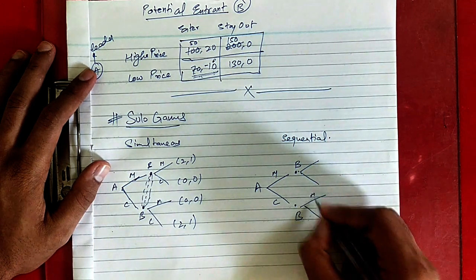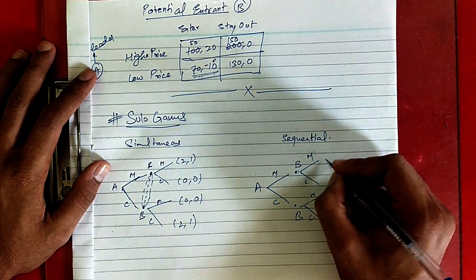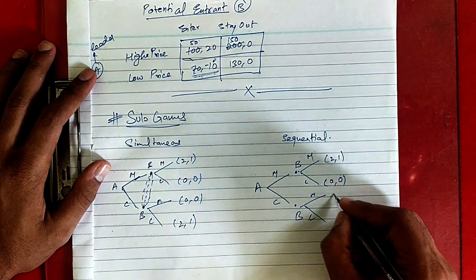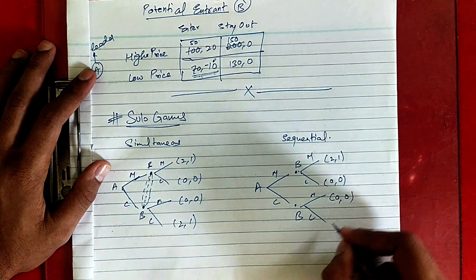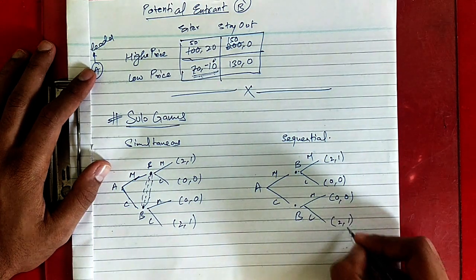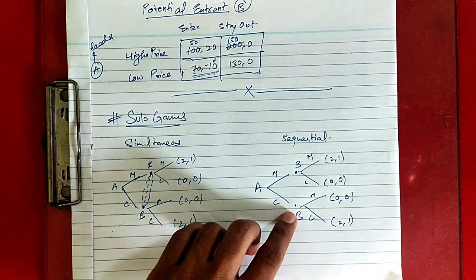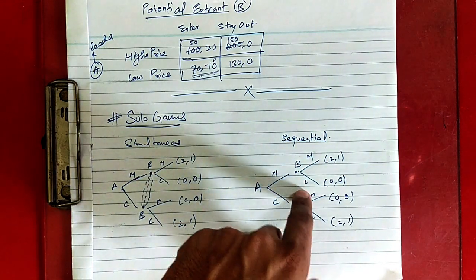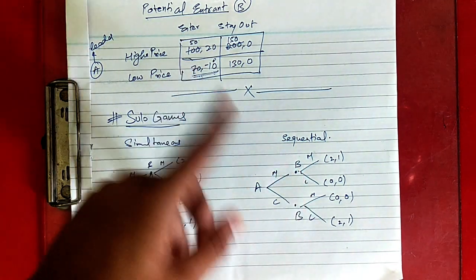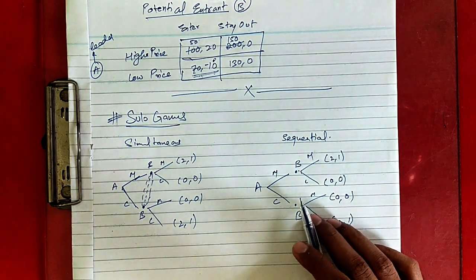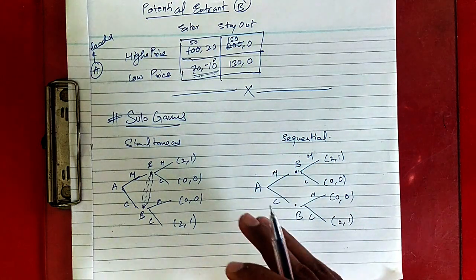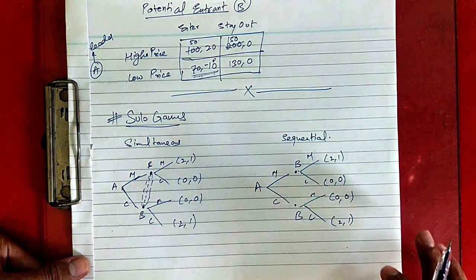And again movie or concert, same thing, 0 0 0 0 2 1. Now if you see that there is no oval or straight dotted line, so it's a sequential game. This is the basic thing which differentiates sequential from simultaneous while drawing the game tree.